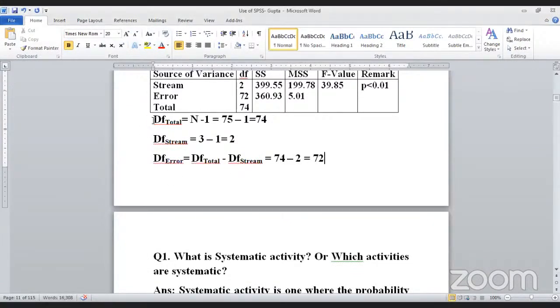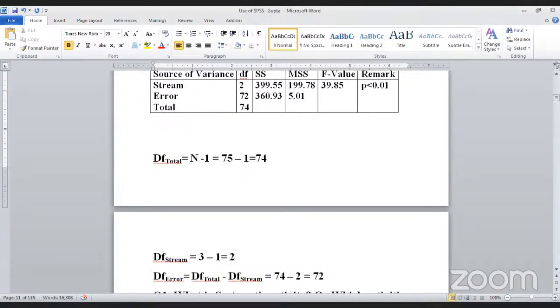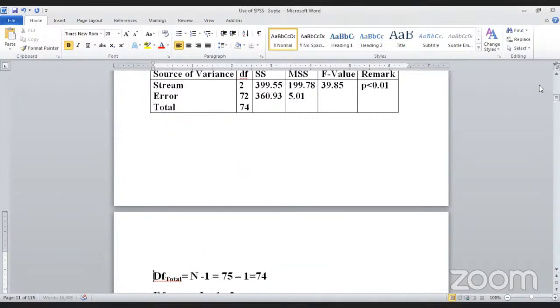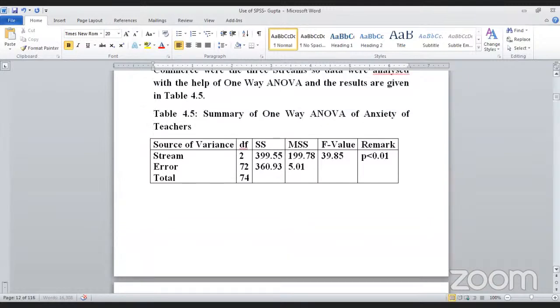Now, let us write the interpretation. Now, I am writing the interpretation, which is the most difficult, so you should try to understand.